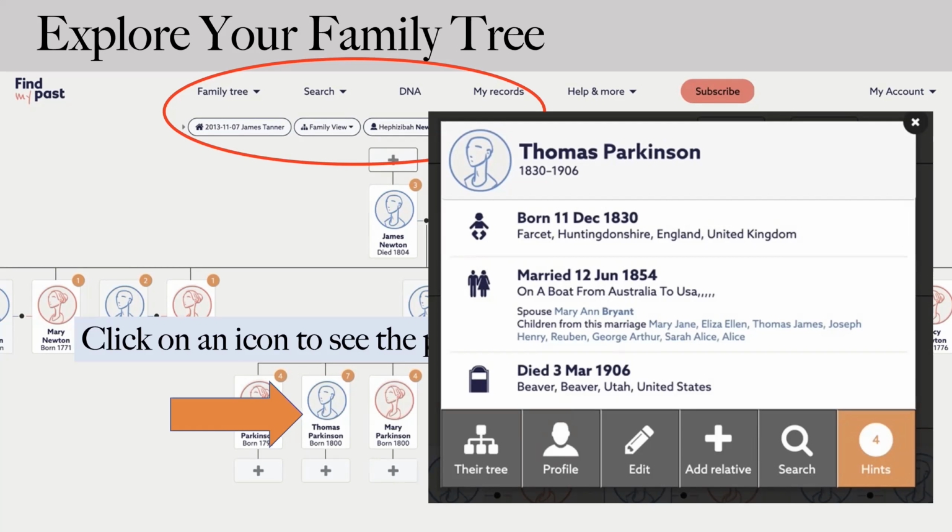So we have 3 different countries for Thomas Parkinson, and that makes doing his research a little bit interesting. Interesting is my word for more challenging than it would be if he'd lived in the same place all his life, obviously.